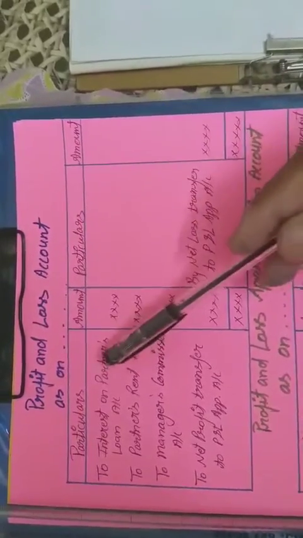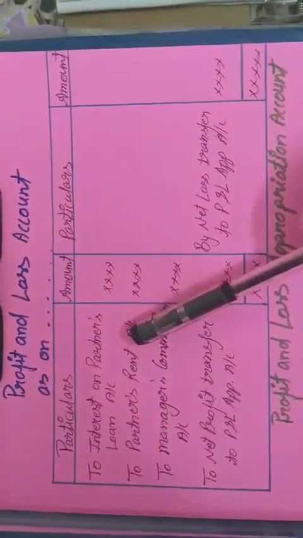But these are the terms which are related to partners, and so we are showing them in the profit and loss account.